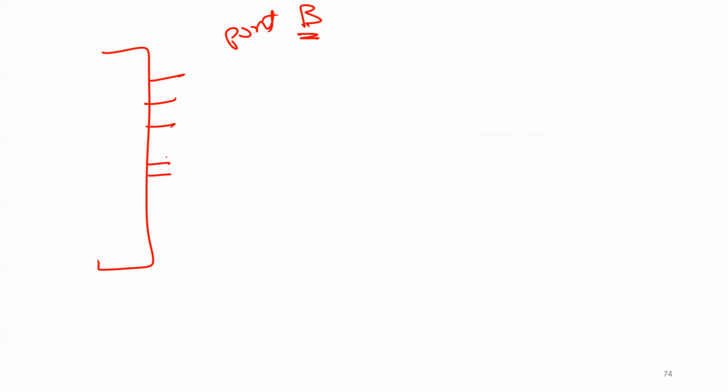For example, here we have port B, as I'm going to explain in chapter 3. In port B, for example, I'm going to connect something like an LED, right? You know what an LED is for sure. So if I put here 5 volt, the current is going to go this way.